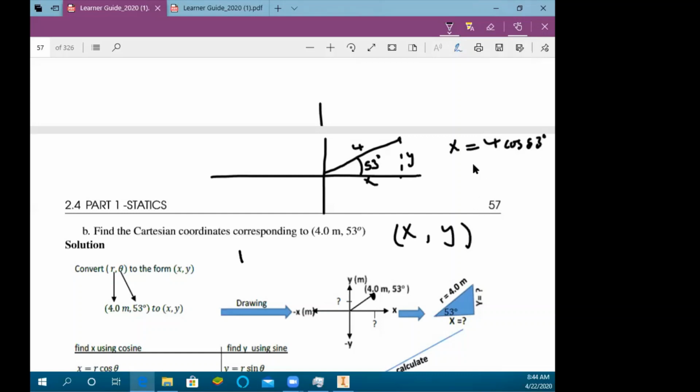Is that right? Yes. Okay, what do we get here? 2.4. Yes. Okay.